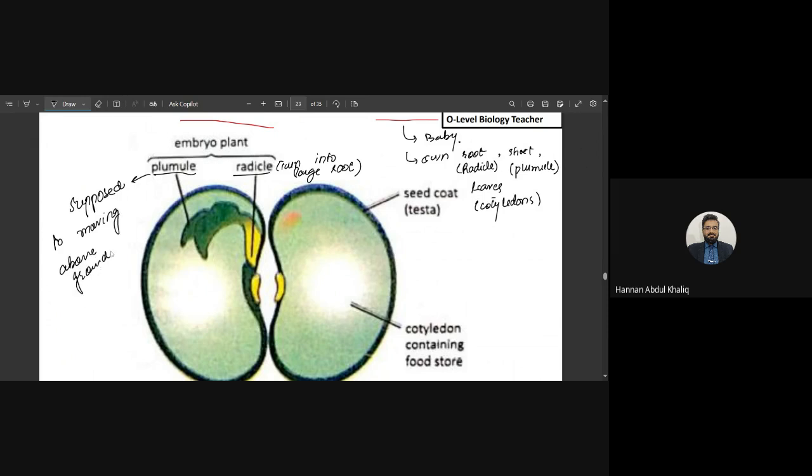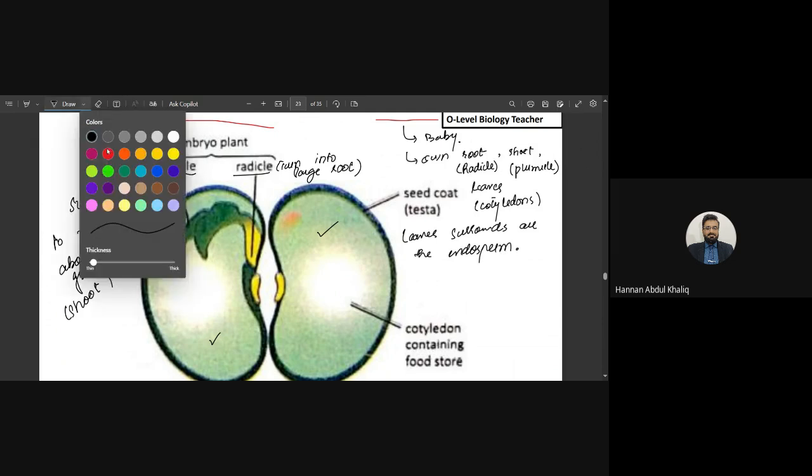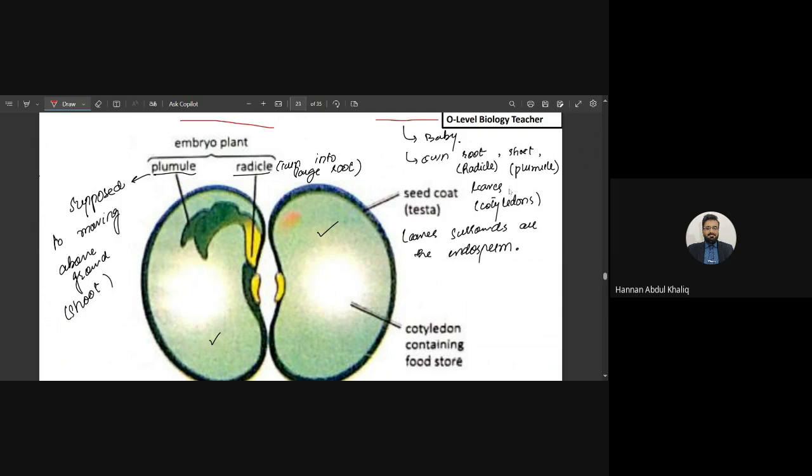Now, the cotyledons. These are the cotyledons, this one and this one. These leaves have a feature that basically confuses many students. The leaves surround all the endosperm. One thing you need to understand very clearly is that the leaves of the seed are colorless.